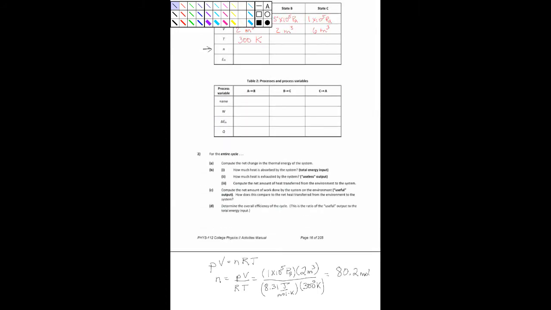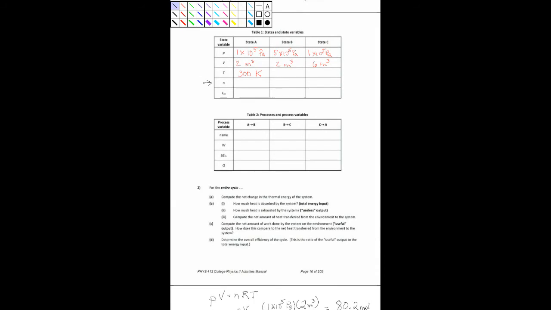So back in table 1, I can insert 80.2. Now, the number of moles doesn't change as we go from state to state. So the number of moles in state A is 80.2, and same with state C. Okay? So that's our number of moles.